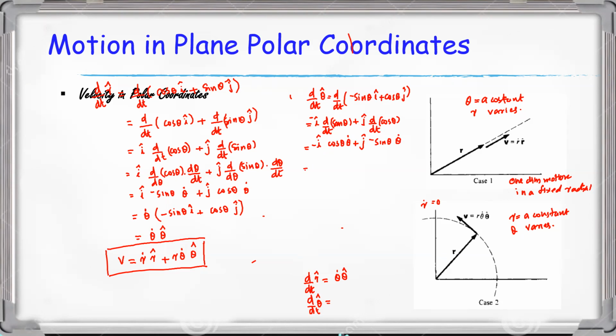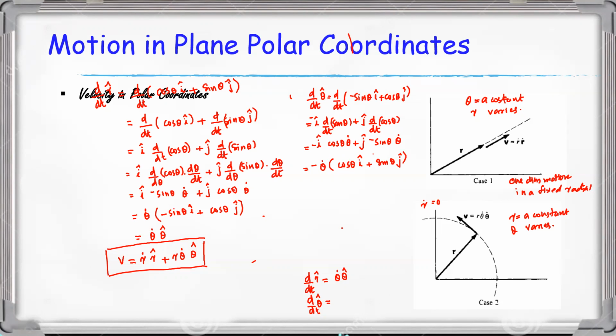Here minus theta dot. Here also a minus and theta dot. Then I take minus theta dot outside, then in brackets cos theta i plus sine theta j.